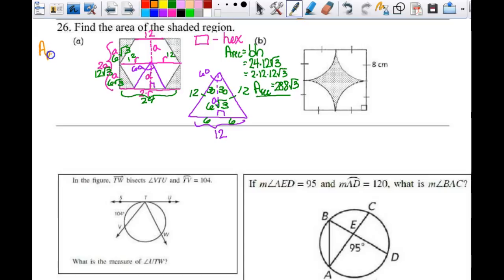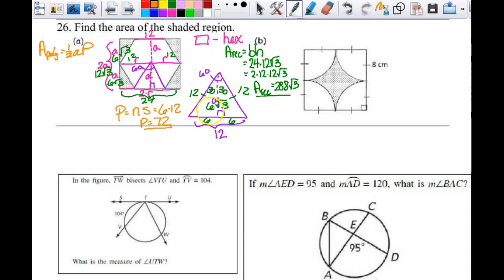So the area of the regular polygon is equal to 1/2 apothem times perimeter. So perimeter is n times s. So n is 6, and that's the number of sides. S is not this length, it's the side length of the hexagon itself, which was 12. 6 times 12, perimeter is 72.